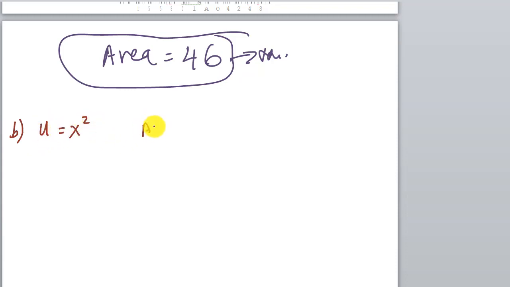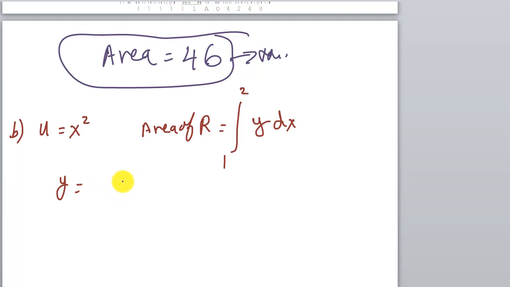Find the area. Area of R is equal to integration from 1 to 2 of y dx, where y equal to 12x squared ln 2x squared.